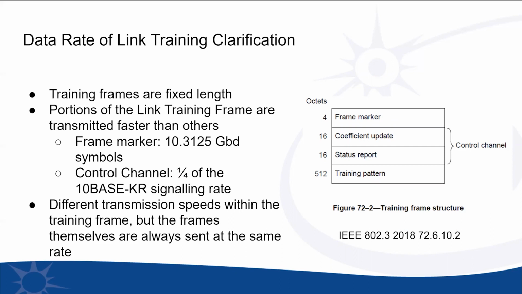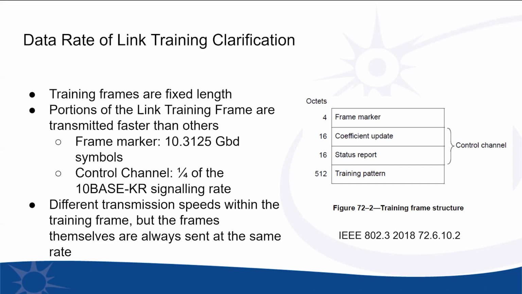The training frames themselves have a very fixed length, but within that training frame, different portions of the frame are sent at different rates. So for each of these portions, like the frame marker and the control channel, those individual pieces are sent at different data rates, but the frames themselves are always sent at the same rate between frames.